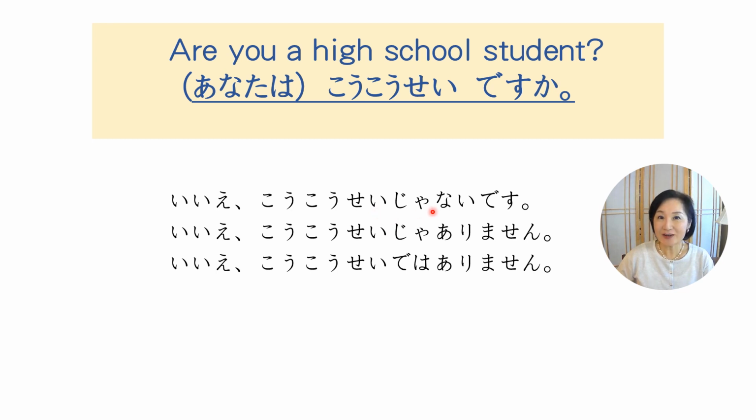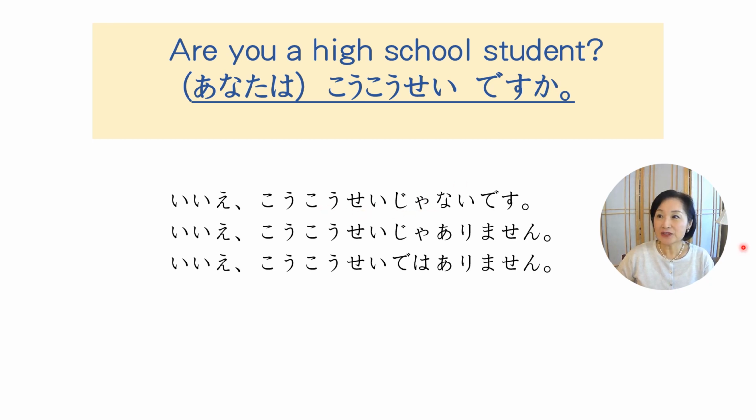So this is how you should say it. Please listen. いいえ、高校生じゃないです。Instead of いいえ、高校生じゃないです。So if you have to put the pause somewhere in this sentence, you should put it right here between じゃ and ないです。Not between the noun and じゃ.